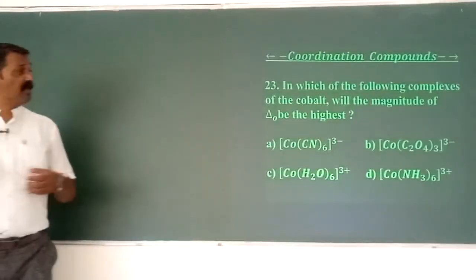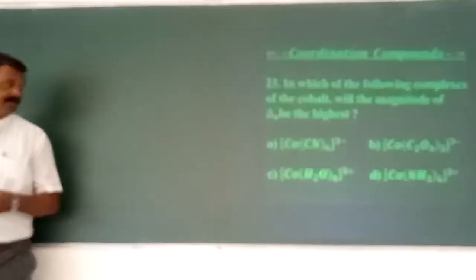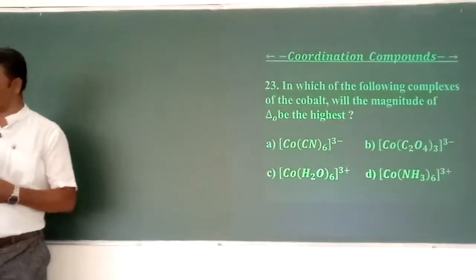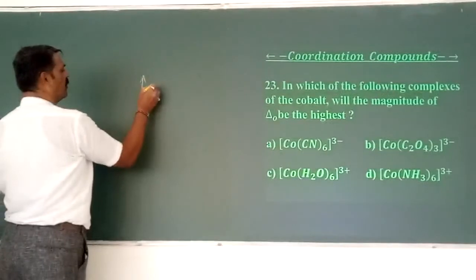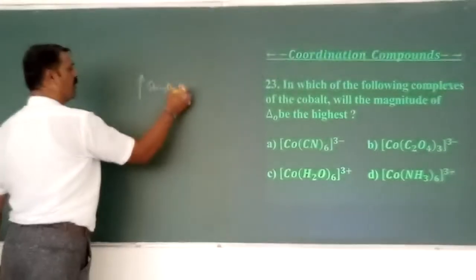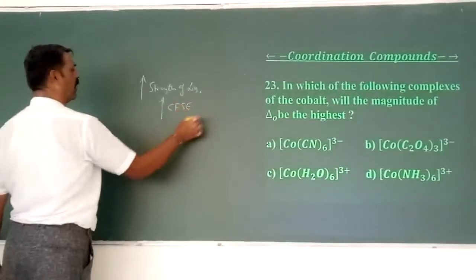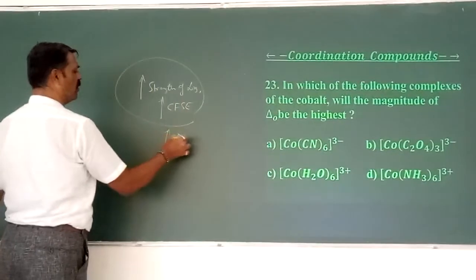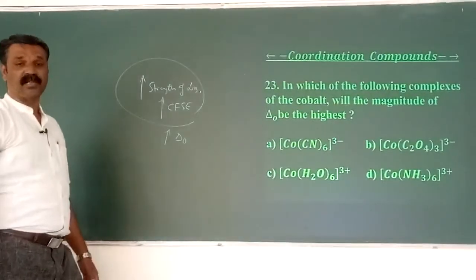In the following complexes of cobalt, in which will the magnitude of delta naught be the highest? How can we decide that? As usual, the stronger the ligand, the more is the crystal field splitting energy, and hence the more is delta naught, as I discussed in the previous session.